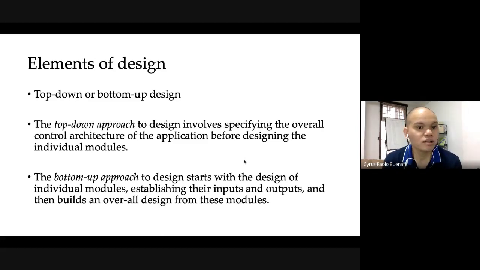The top-down approach to design involves specifying the overall control architecture of the application before designing the individual modules. As typically understood by the term top-down, you have the whole picture first.